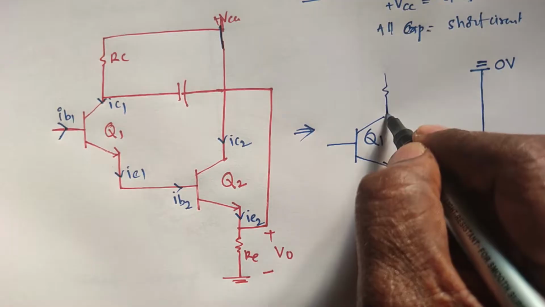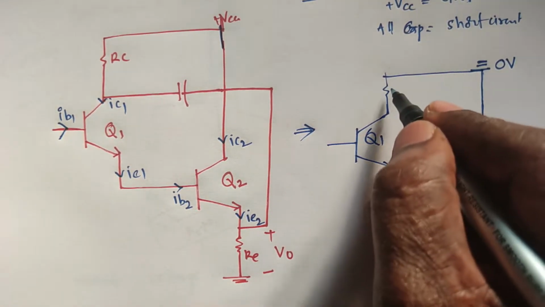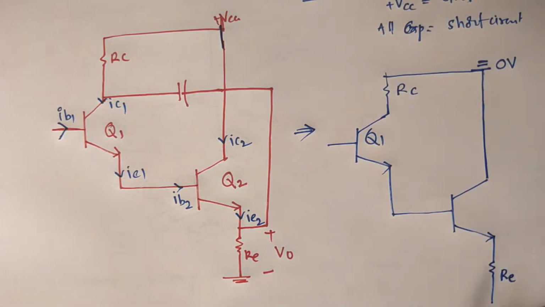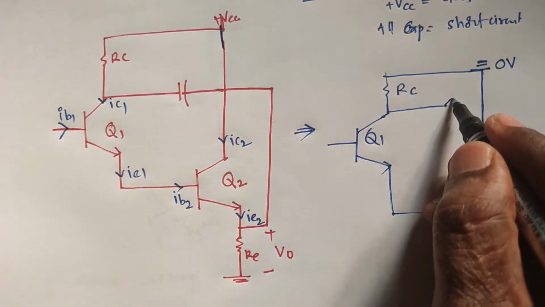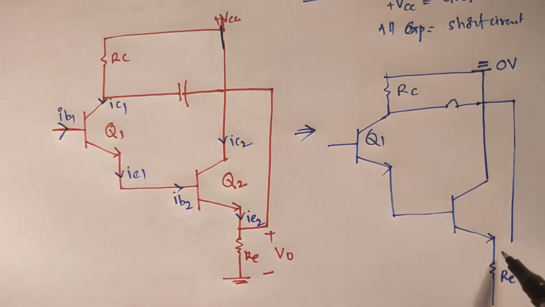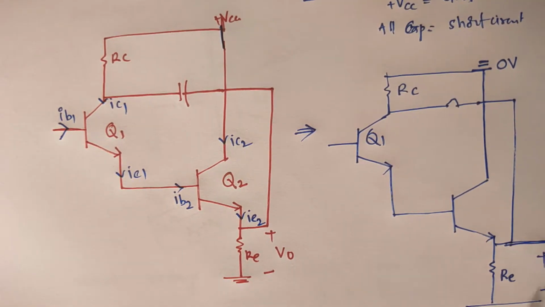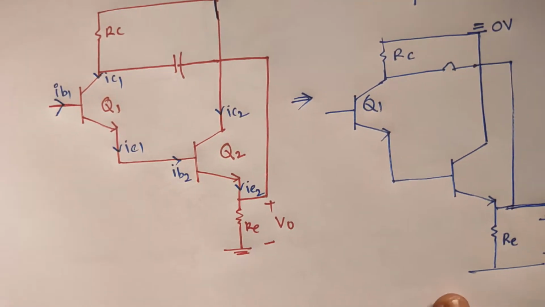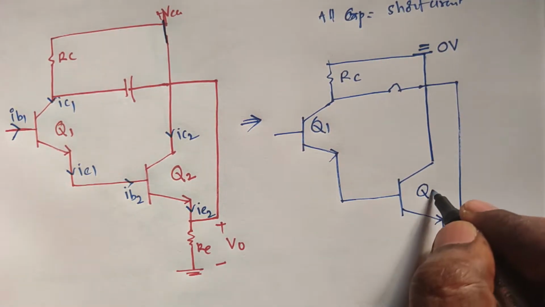We have a resistor connected from 0 volts, that value is RC, and take this capacitor as a short circuit, which is connected from the output. Now I am considering the output voltage across this point, V0. Okay, so this one is the second transistor.